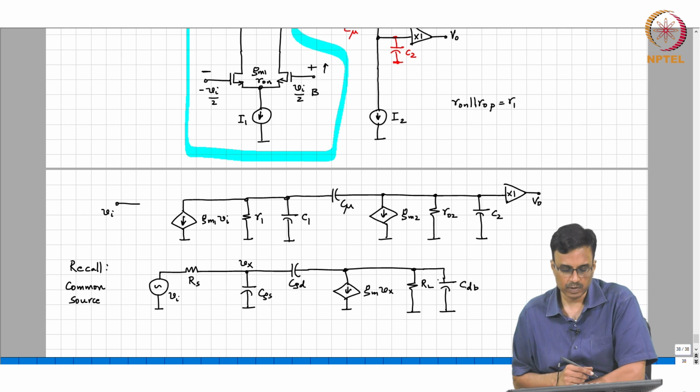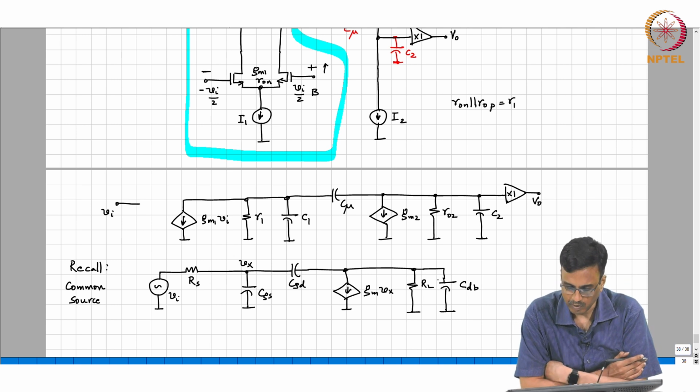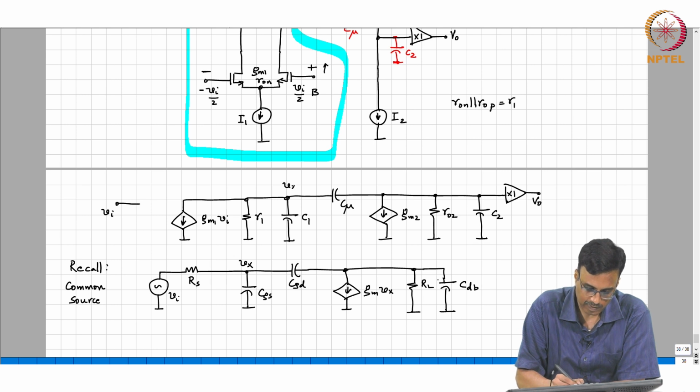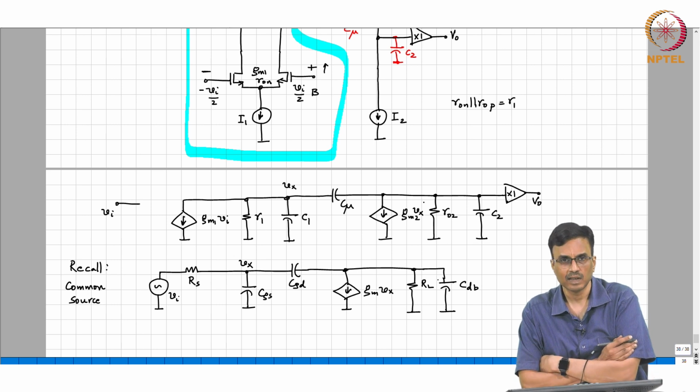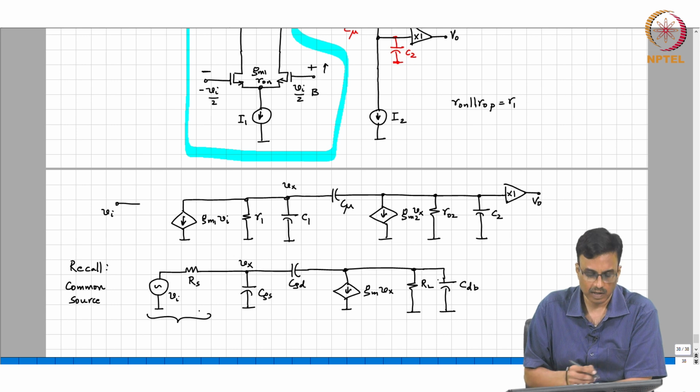Right. Apart from changing what we call each one of them, this is GM2 times Vx. Apart from minor changes, the only other change is that here we had a voltage source in series with a resistance. Here you have a current source in parallel.